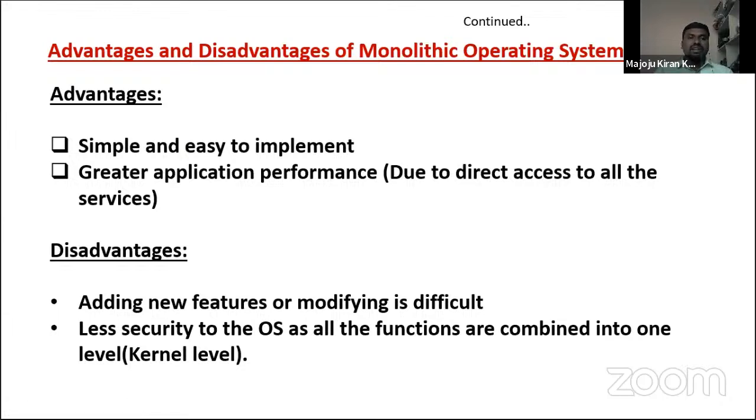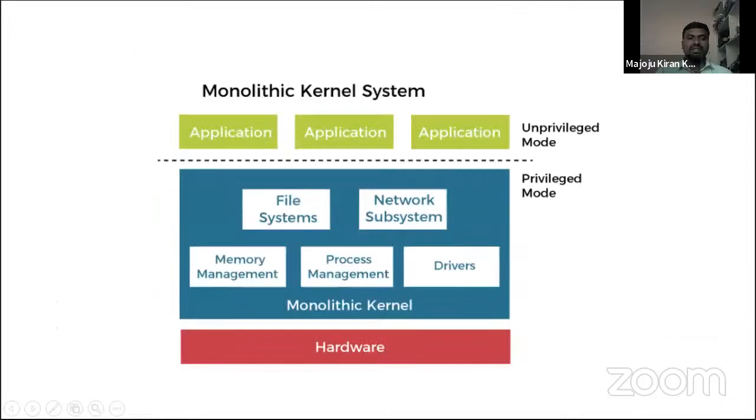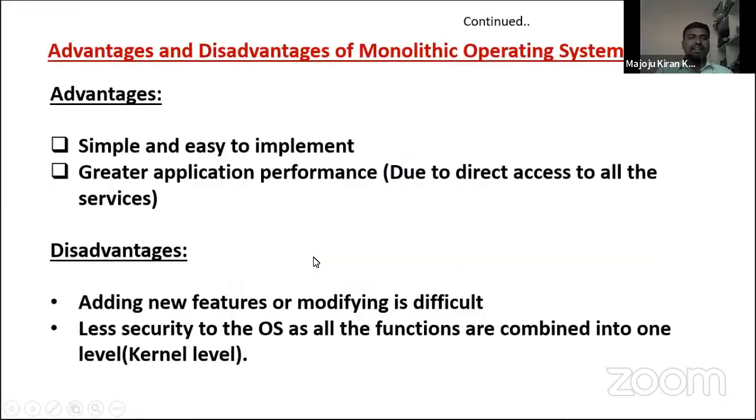When we talk about the advantages, it is very simple because there are few layers. One is the application layer at the top level, and below that we have the kernel level. Since there are only a few levels, it is very simple, easy to implement and easy to develop. It also gives higher performance because with few levels of components, it automatically provides high performance.